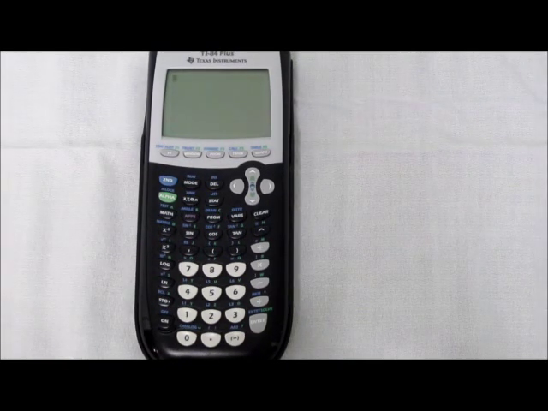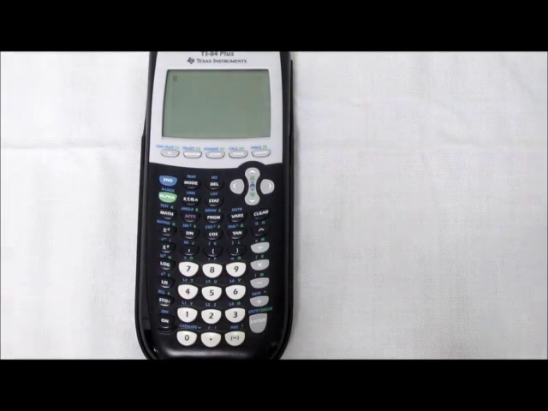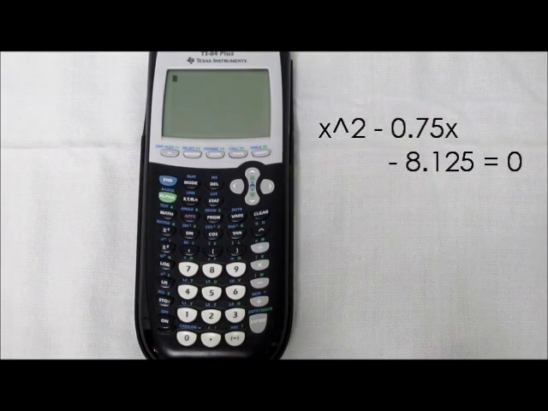So far, we've used the graphing calculator to look at quadratic equations that have no solution and that have one solution. But what about a quadratic equation with two solutions? How do you find the solutions for that using the graphing calculator?